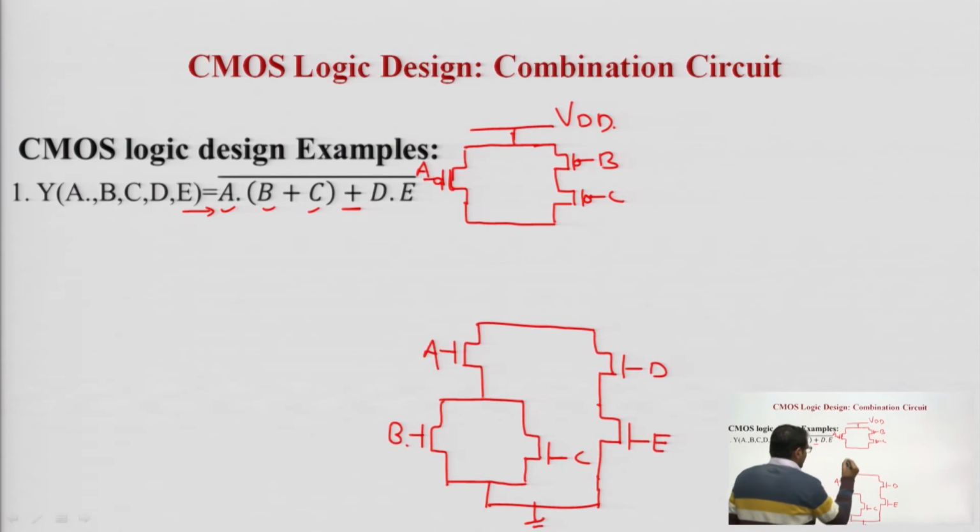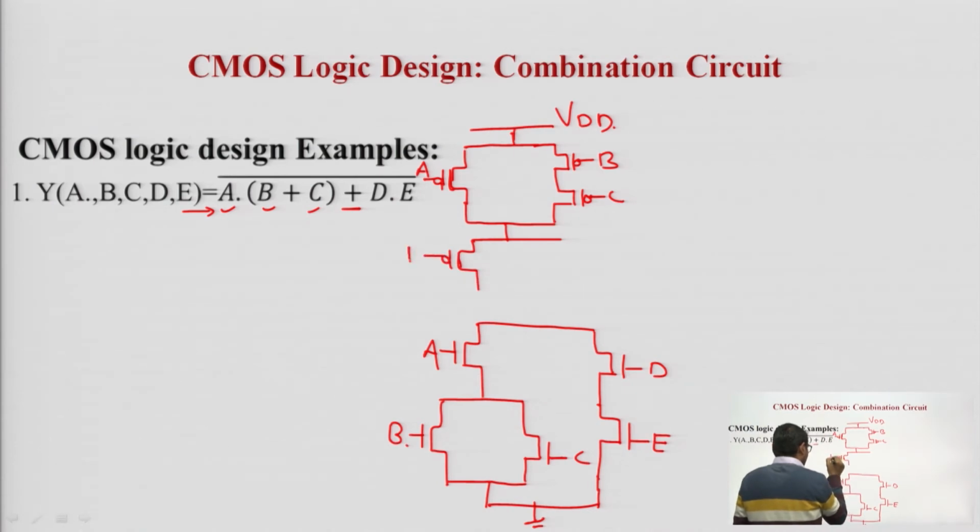Now next, D and E are connected in parallel to A, B and C. So in PMOS it is connected in a series manner.